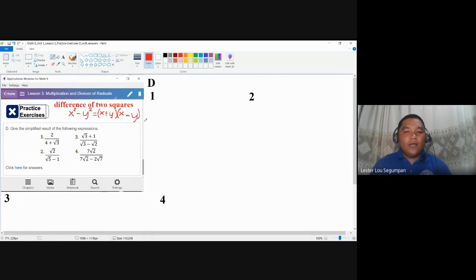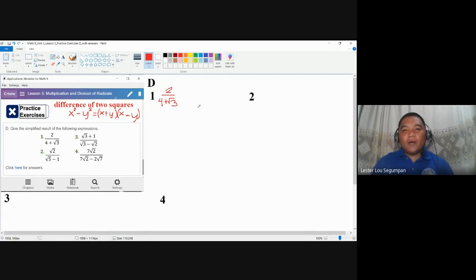Why are we presenting this? Because we are going to apply the concept of difference of two squares when we rationalize denominators. So let's take for instance number 1. You have 2 over 4 plus square root of 3.